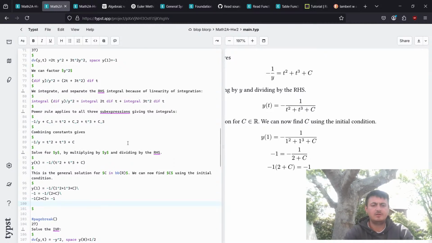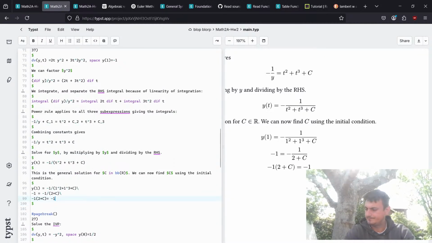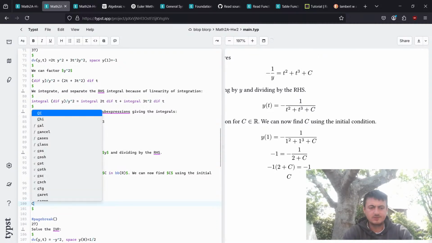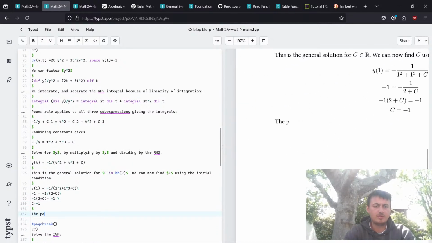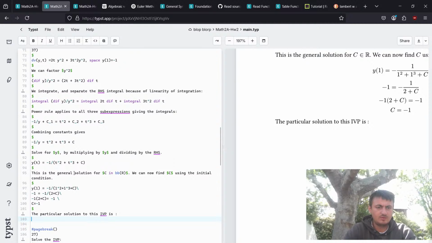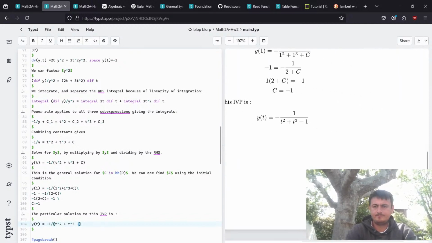Yeah, so C. All right, so C is equal to minus 1. The particular solution to this IVP is, and we can just copy this.